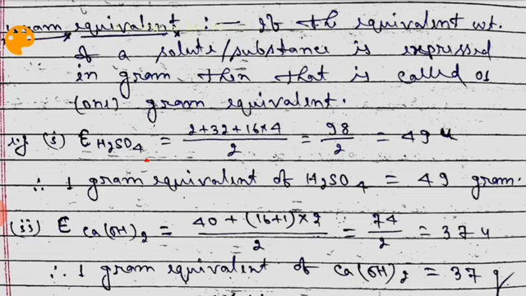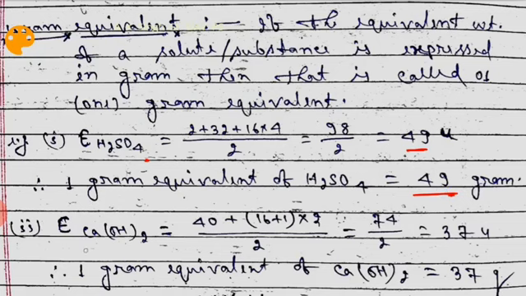So it is equal to 98 by 2, which is 49 U. Hence 1 gram equivalent of sulfuric acid will be equal to 49 gram. This is the difference. Equivalent weight is 49 U, and if it is expressed in gram, that is 49 gram. It will be called 1 gram equivalent of sulfuric acid.